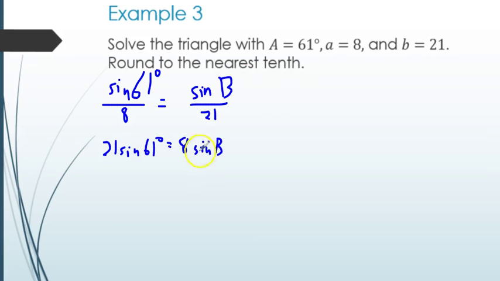Now, if you actually put these values into your calculator, 21 times sine of 61 degrees, and then you divide that by 8, you should get a value of 2.3, which is supposed to equal sine of B. And then you would be using sine inverse on your calculator to find the answer for where you get that y value. But this number right here, I have sine of B is equal to something bigger than 1.